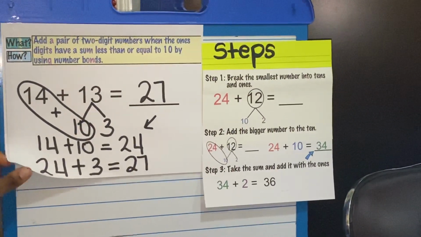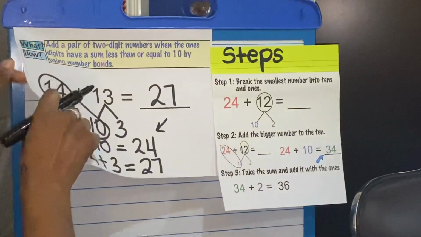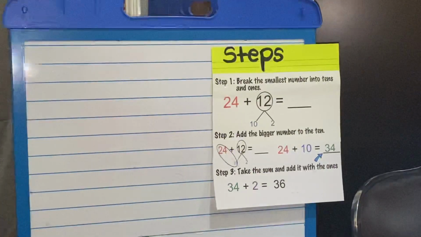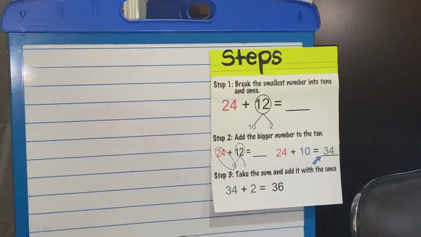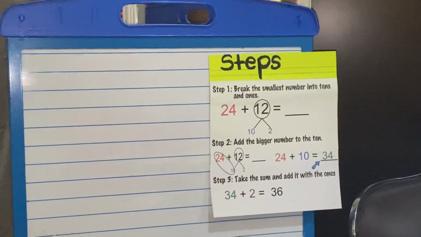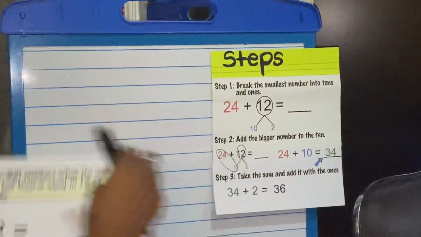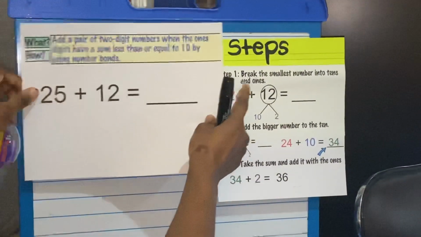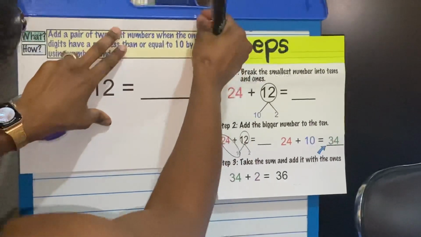Let's try another one. We're going to try 25 plus 12.